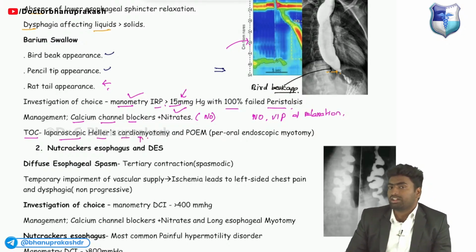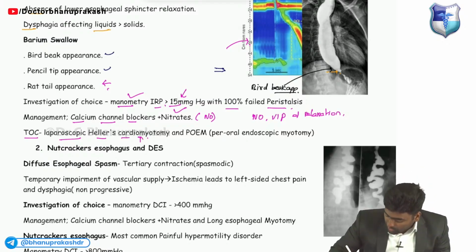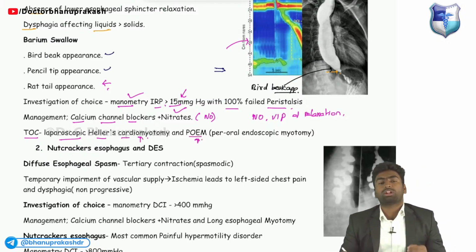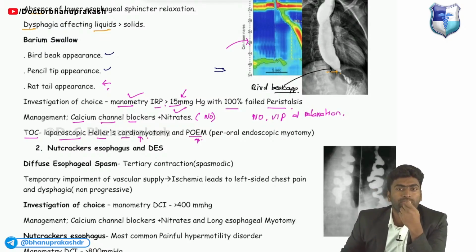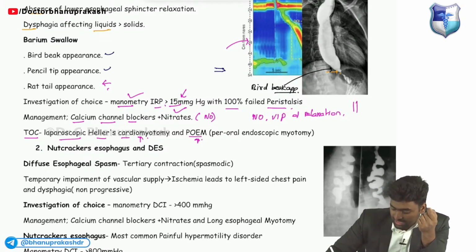It is done endoscopically or laparoscopically, or else peroral. Means through the oral route we create a small opening in the esophageal layer and go to the muscular layer. There are layers: mucosa, submucosa and muscular layer. We go to the muscular layer, make an incision and cut this layer.